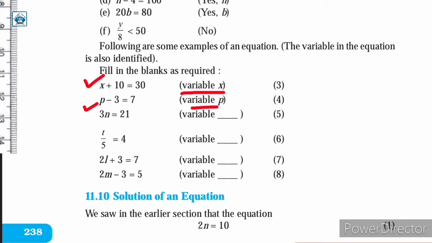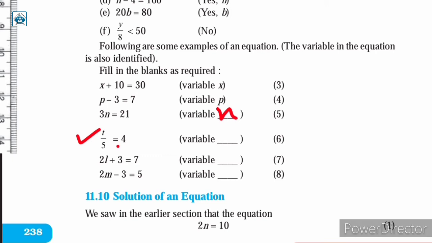So it is very easy to identify the variable. Just look for the alphabet. So here we can see 3n is equal to 21, equal to sign hai. It is already an equation, and here we can see that the variable is n. So here the variable is n for this equation, 3n is equal to 21. Next, t by 5 is equal to 4. Here we have the equality symbol.